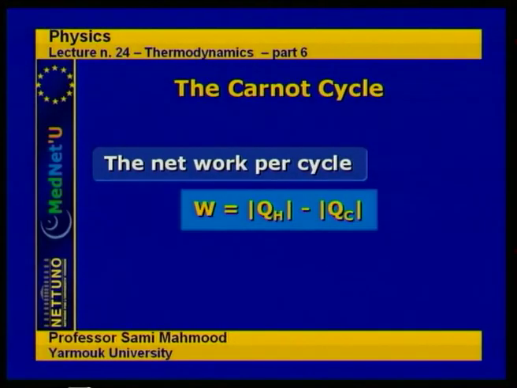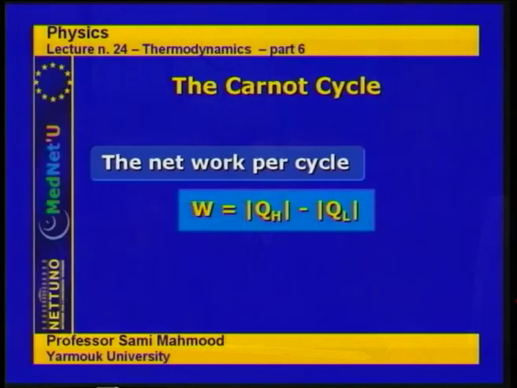This is the result of the net work done during the cycle, and we write Q sub H and Q sub C as absolute values in order to ensure that we are dealing with the magnitude only, because the sign of the heat lost to the lower temperature reservoir is negative, to indicate that the system has lost energy to the lower temperature reservoir.